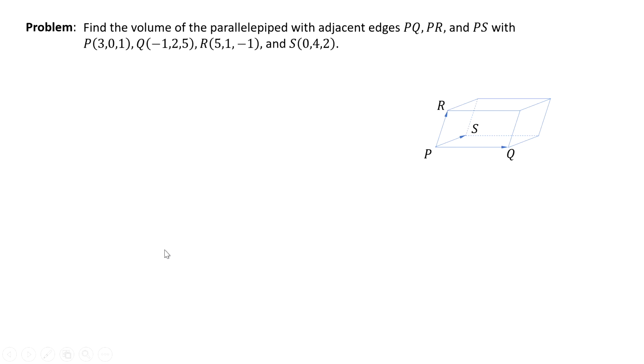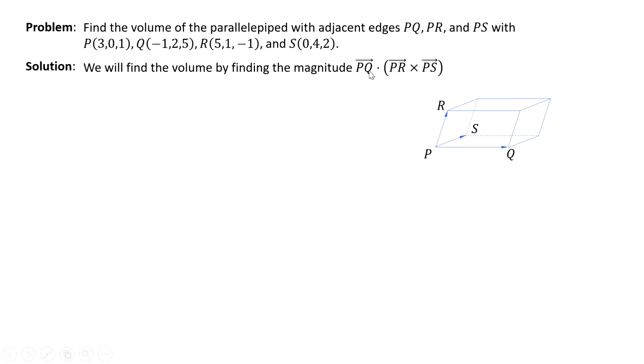PQRS. There was something about PQ cross PR dotted with PS, right? A cross B dotted with C, all those things. We'll find the magnitude. So I'm saying PQ dotted with PR cross PS.